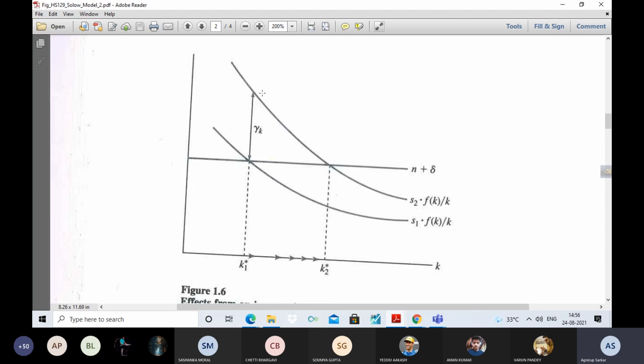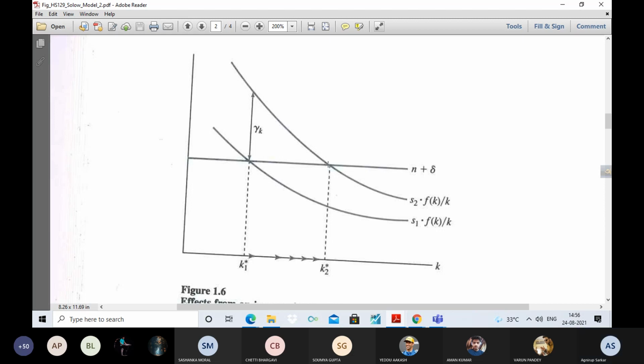Hence, once you are not able to save more and your incremental investment stops, you would notice that this gap slowly reduces, and the growth in per capita capital keeps on falling until it reaches zero, at this new point of intersection.